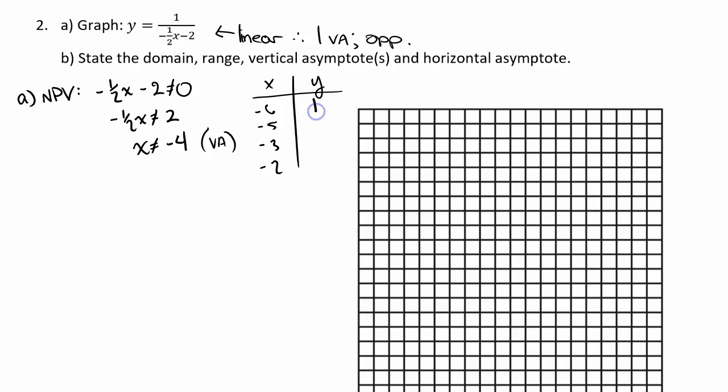Minus 2 is 1, and 1 divided by 1 is 1. -5 times -1/2 is +5/2. Minus 2 is actually going to give us +1/2, but that's in the denominator, so we reciprocal that and we get 2.